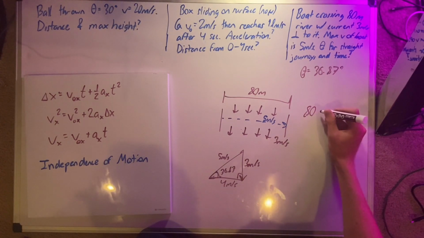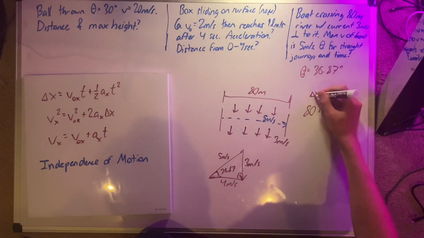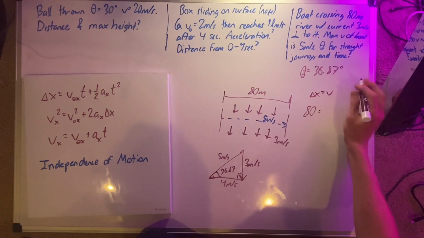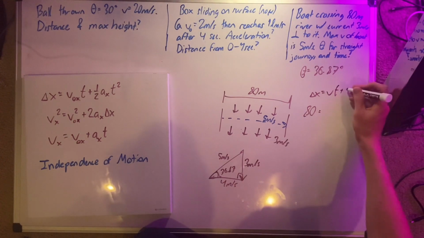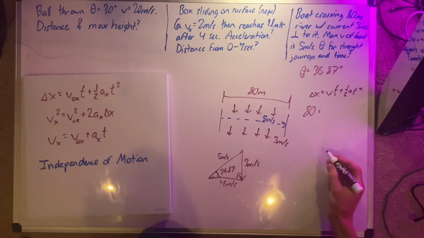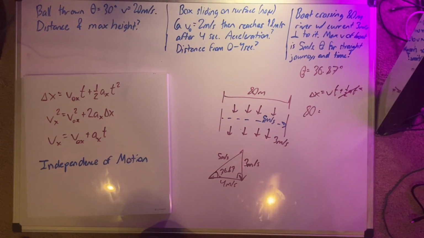80 is equal to, or let's model it. So change in x is equal to vt plus 1/2 at squared, although there is no acceleration, so we can take it out.